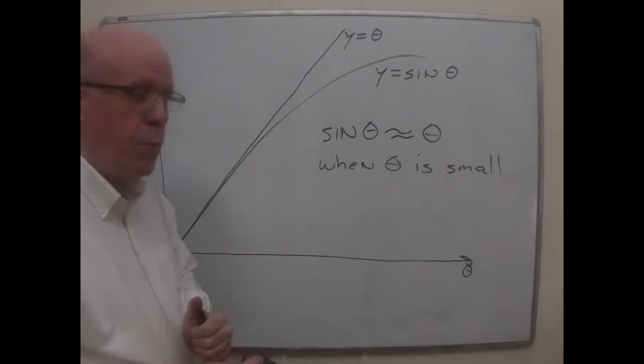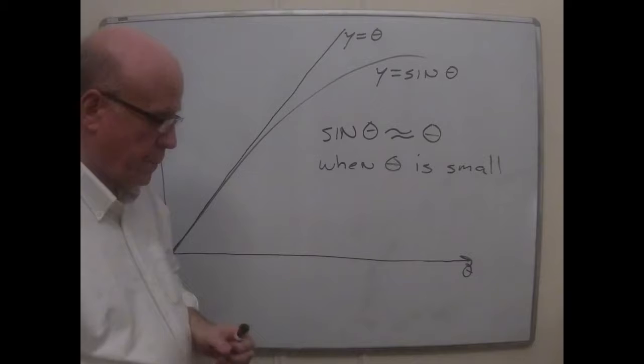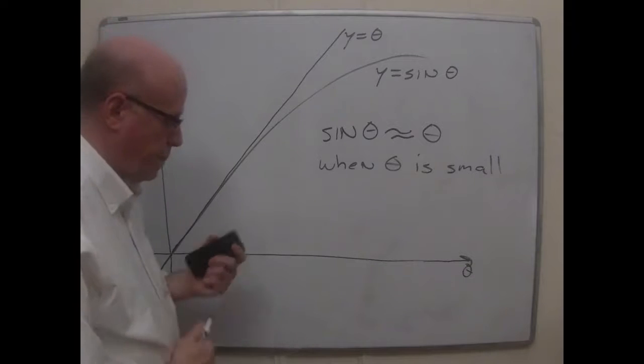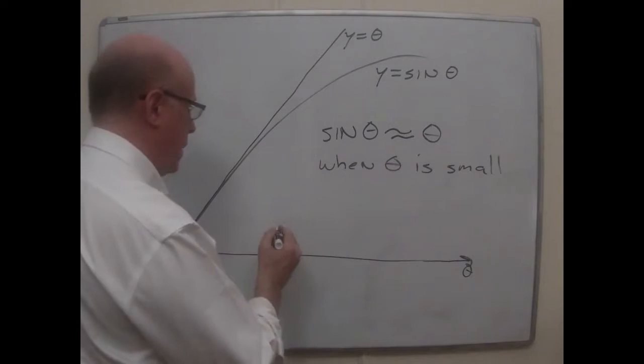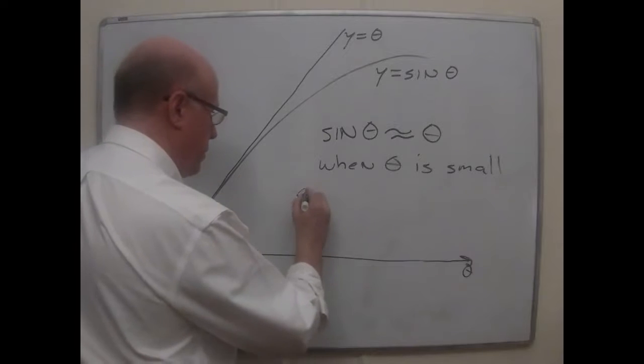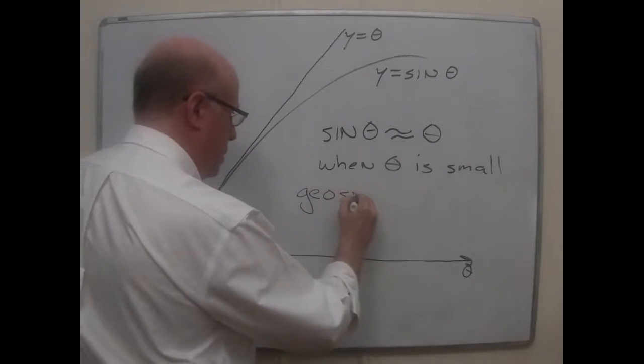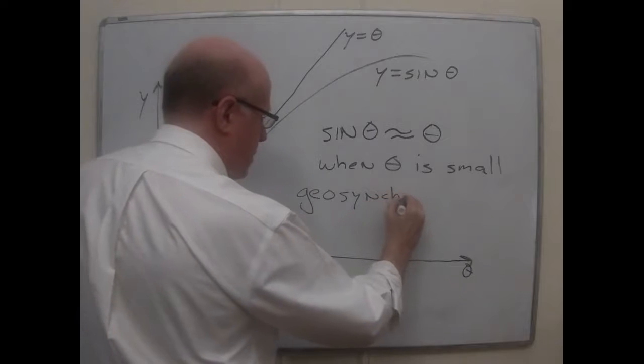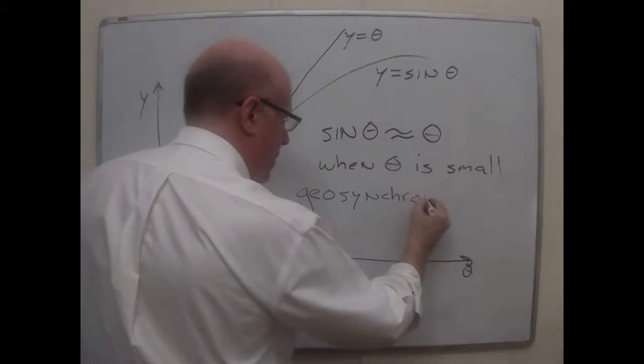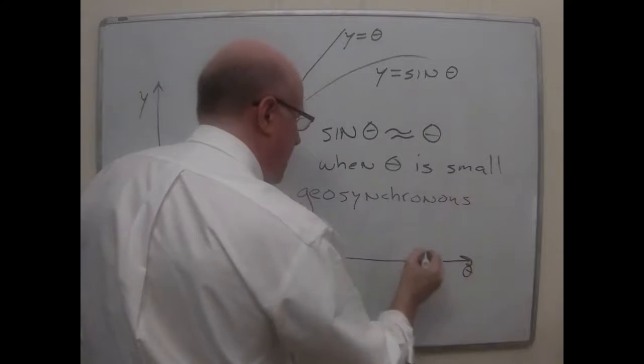So how small are these angles we were talking about? Well, the particular satellite system we were looking at was in geosynchronous orbit, which is maybe 30,000 miles out, something like that.